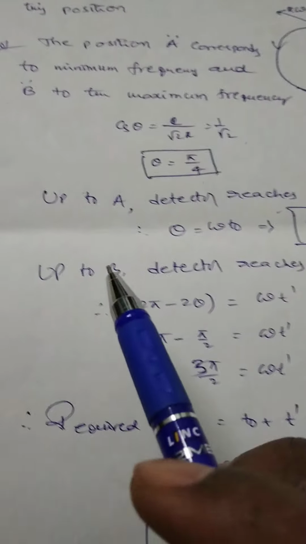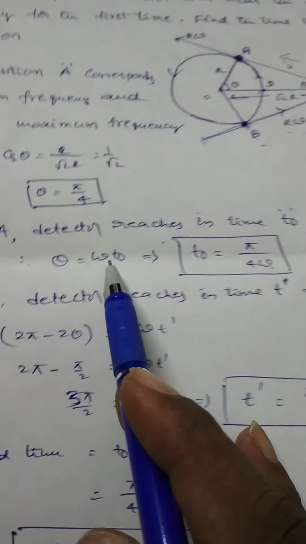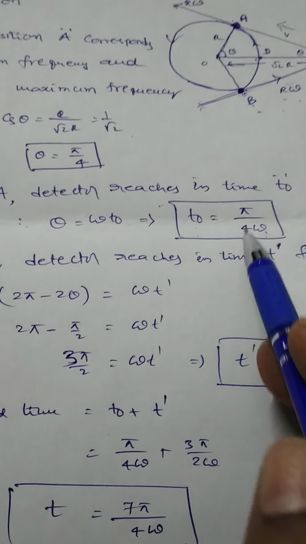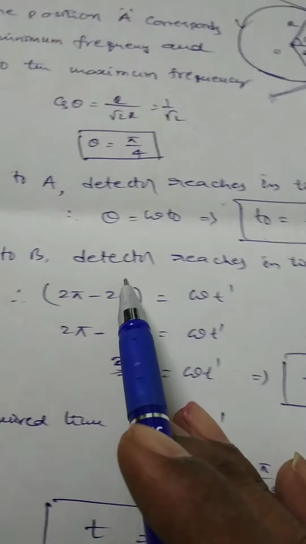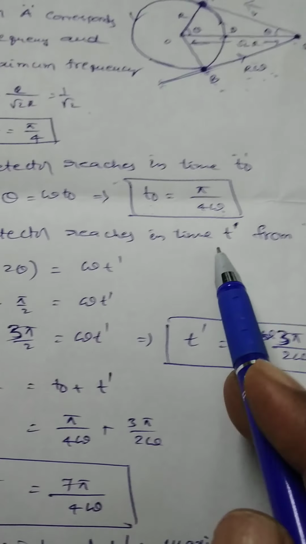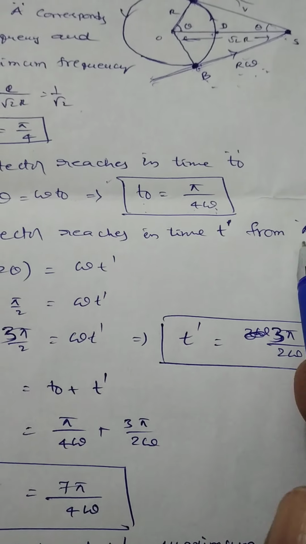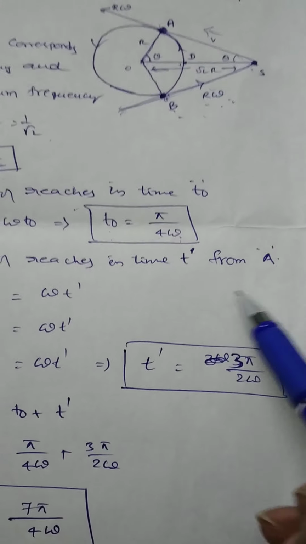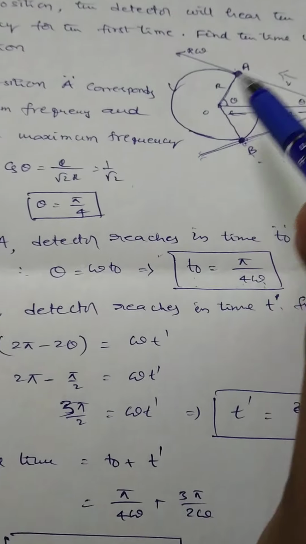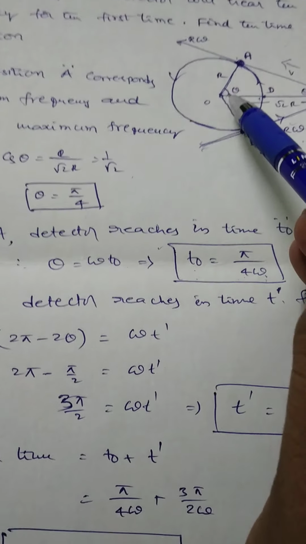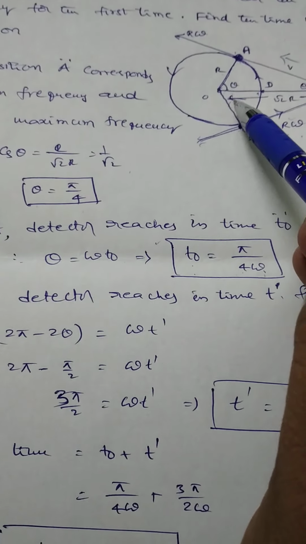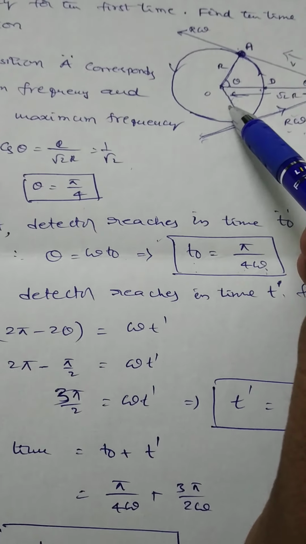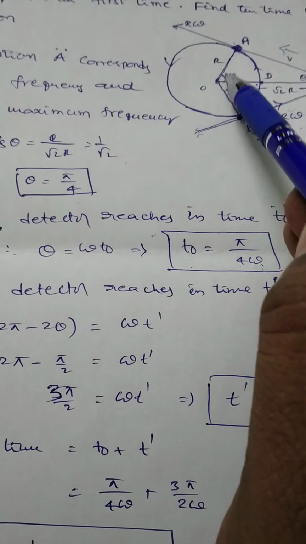Next, up to the point A, the detector reaches in a time t0, and t0 is found to be pi by 4 omega. Up to B, the detector reaches in a time t dash from A. From A to B, the time taken is equal to t dash. Therefore, from A to B, the total angular displacement is theta plus theta, which is 2 theta, and this total angle is 2 pi minus 2 theta.